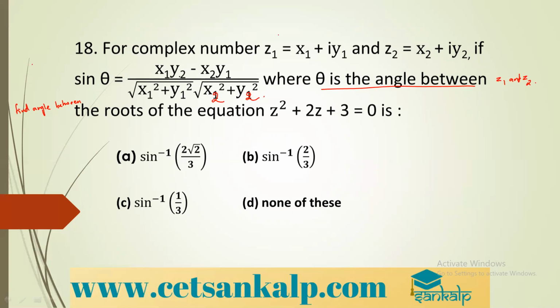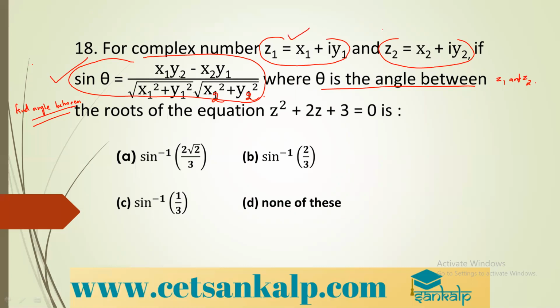This is the formula for sine theta with which you can find the angle. Because now we have to find the angle, we will be using the same sine theta formula. But to use it, you must know Z1 and Z2, the roots of the equation.